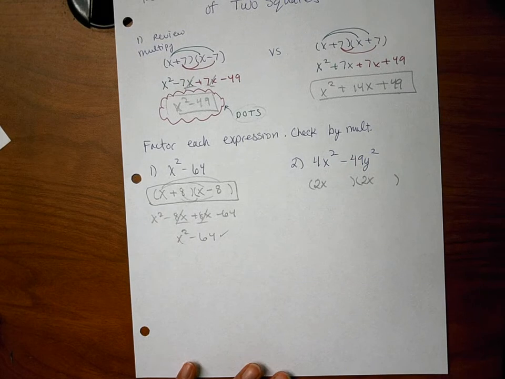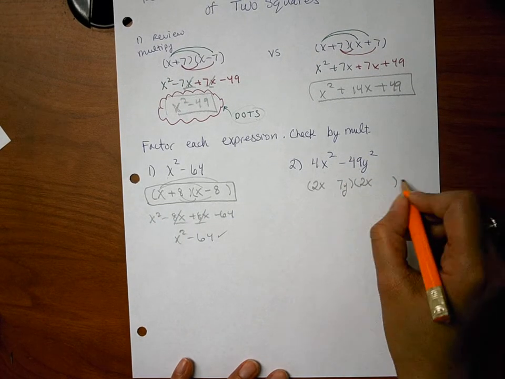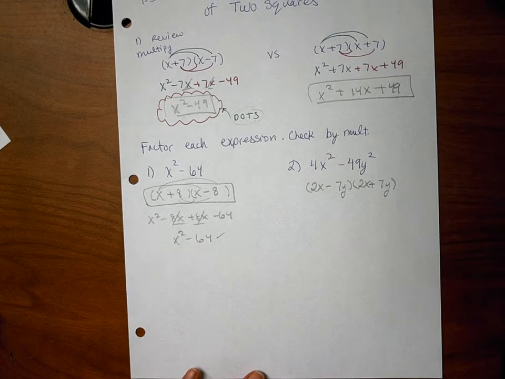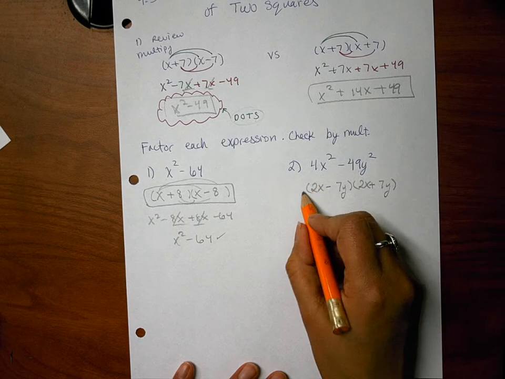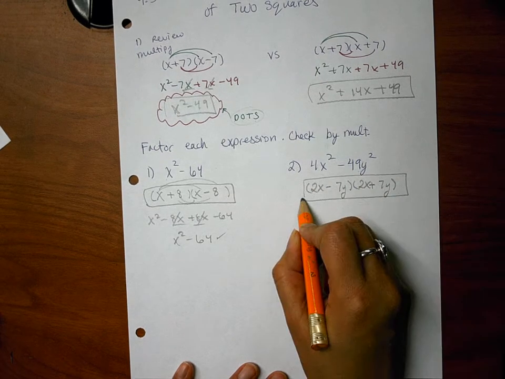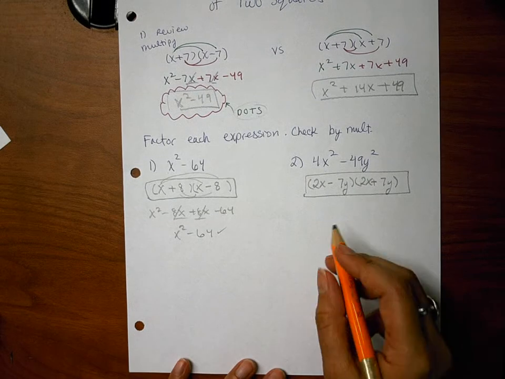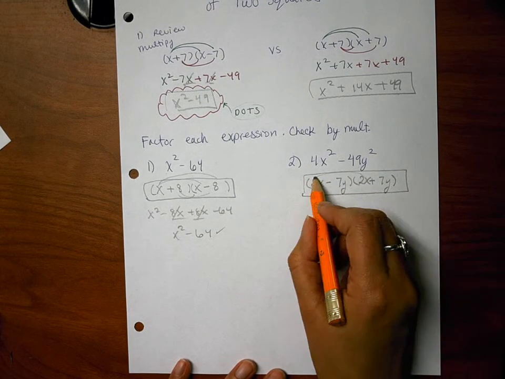What's the square root of 4x squared? 2x. 2x times 2x is 4x squared. What's the square root of 49y squared? 7y. Remember, the signs have to be different. One minus, one plus. It does not matter which one goes first.